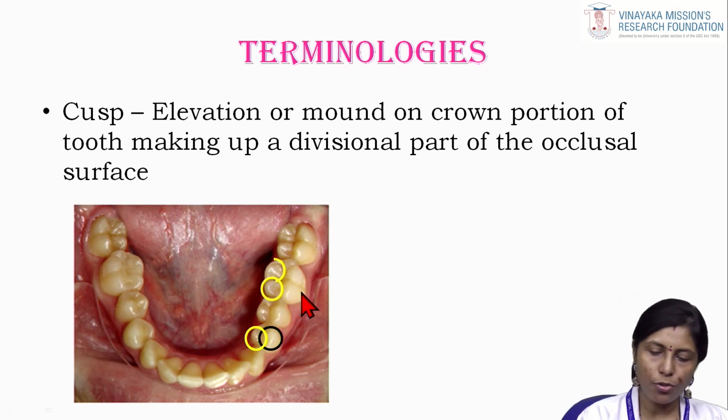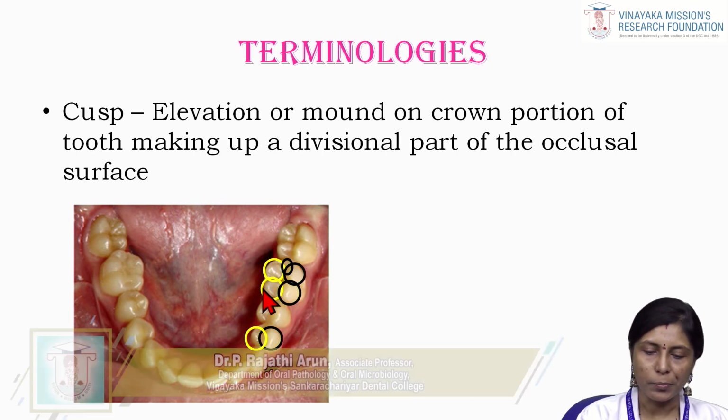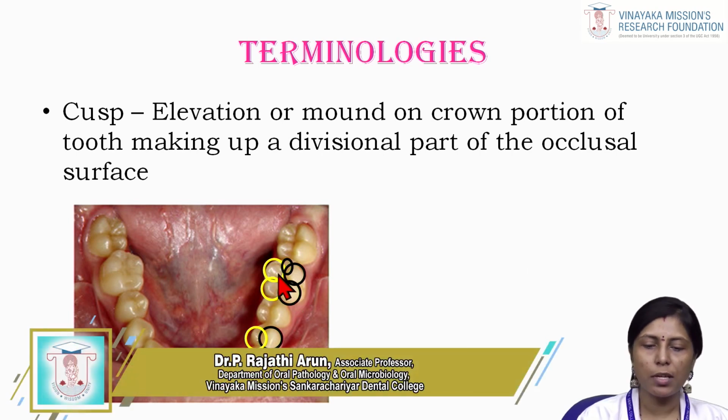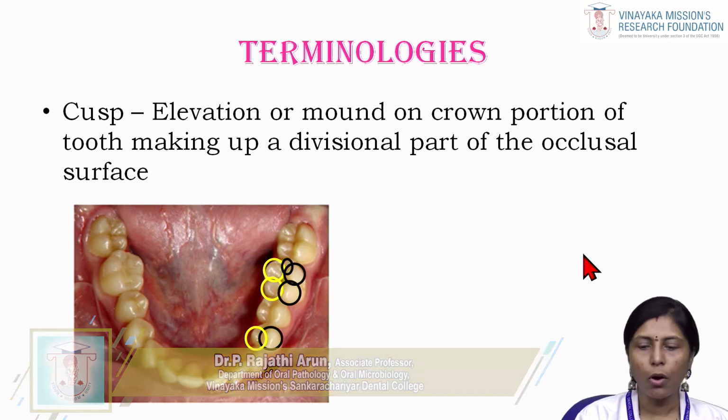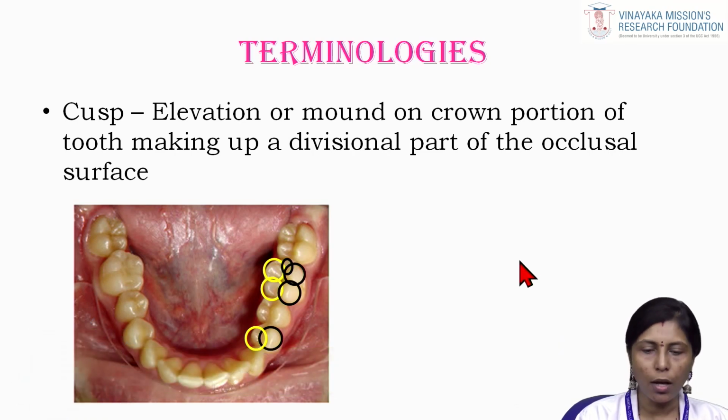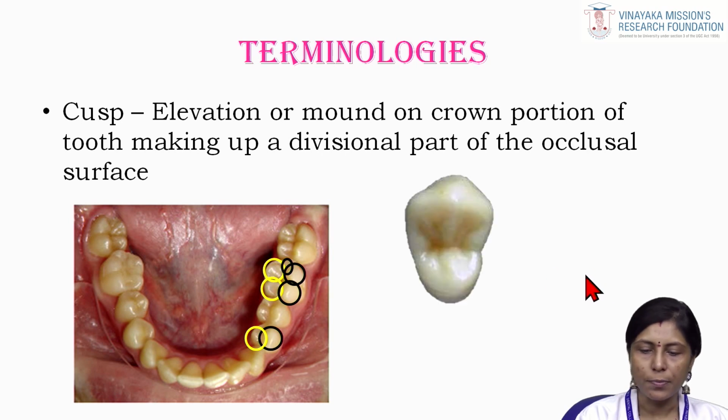In the case of molars, you can see 2 cusps on the lingual surface, and 3 cusps on the buccal aspect. So a cusp is an elevation or mound on the crown portion of the tooth which makes up a divisional part of the occlusal surface.